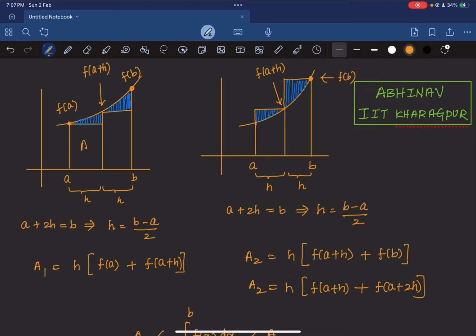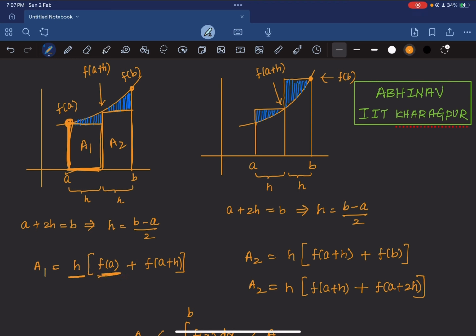Now to find out the area, let us say the area of this rectangle is a1, and the area of this particular rectangle is a2. So a1 will be this base, which is h, multiplied by this particular height, which is simply f of a.